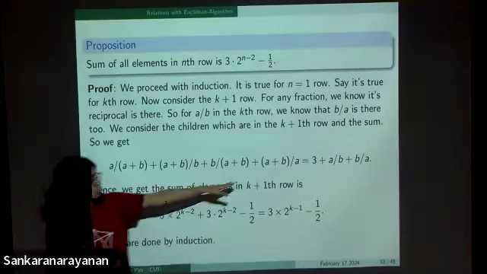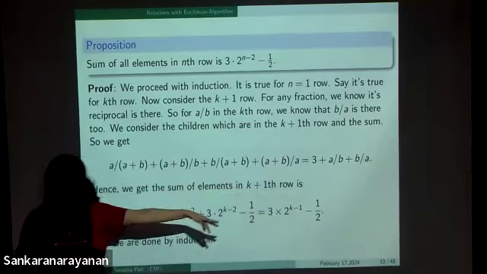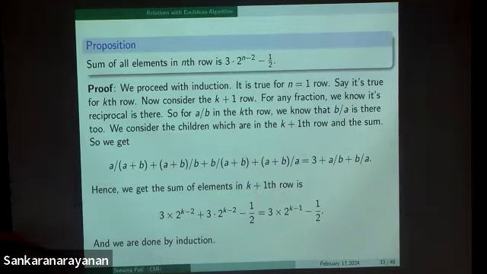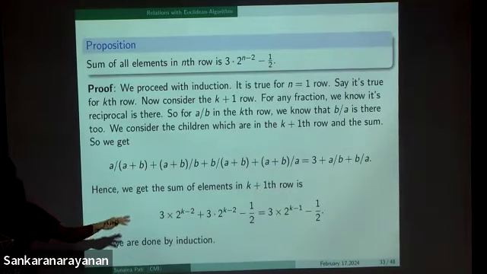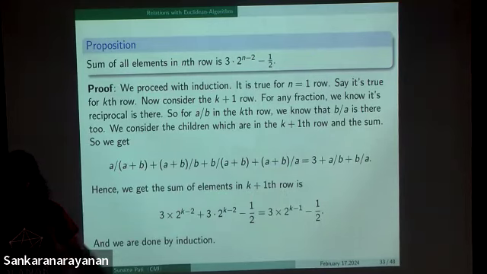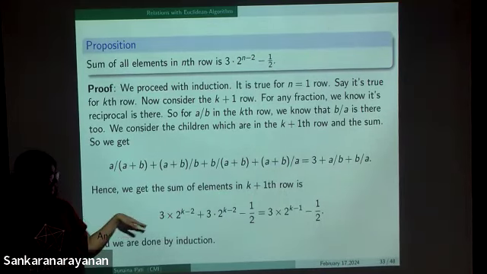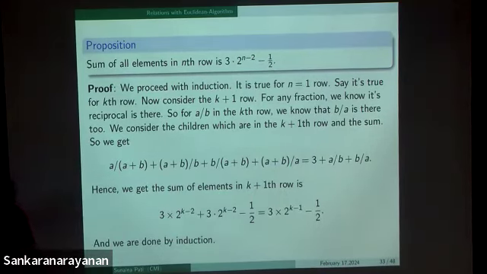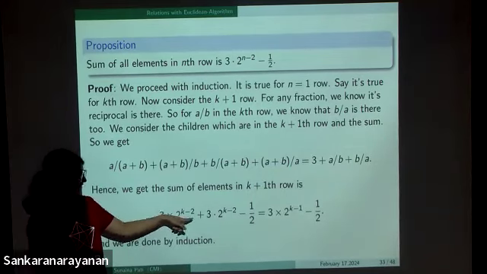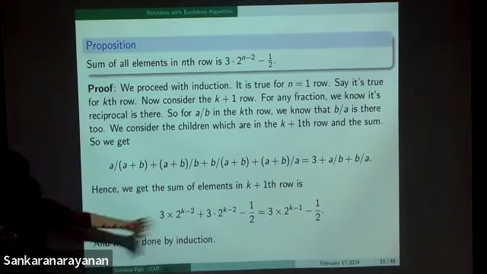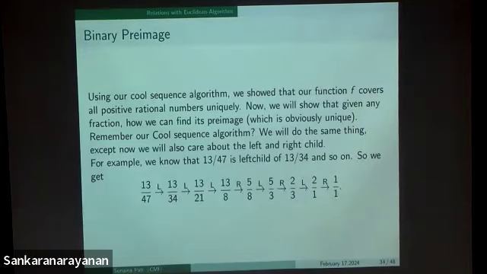Add them up, you get 3 plus a by b plus b by a. Sum it up, because you're taking 4 numbers, you'll get 3 into 2 to the power k minus 2 minus 1 by 2. Induction works.